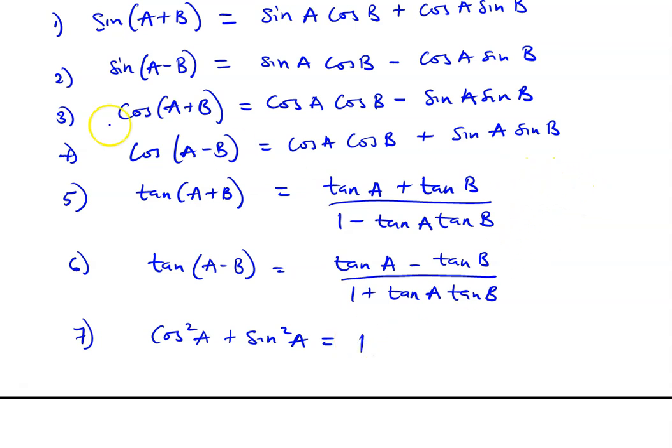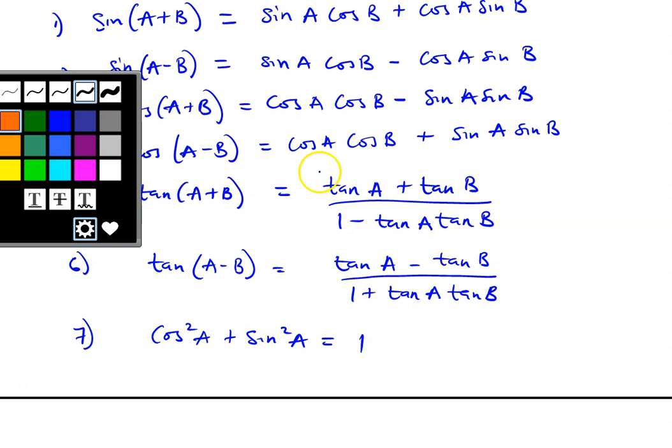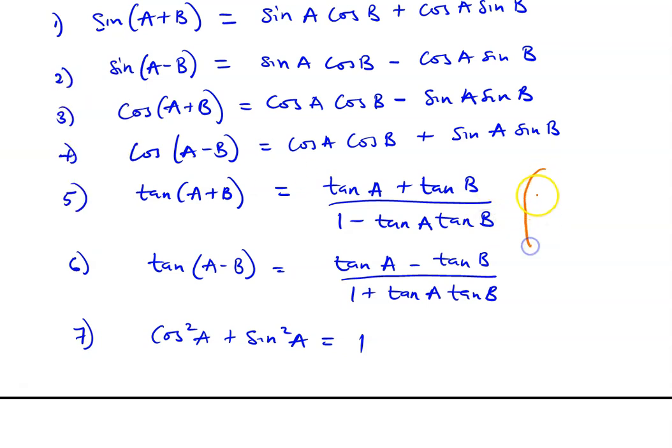Take note that sine squared A is the same as sine A all squared, and cos squared A is the same as cos A all squared. So you should take note of that very well. These are the 7 fundamental formulas in trig.